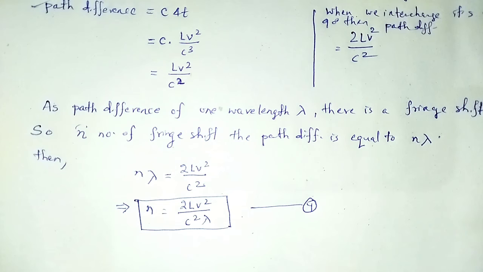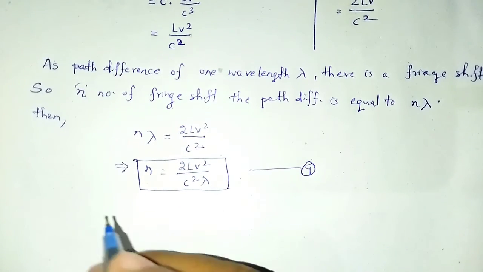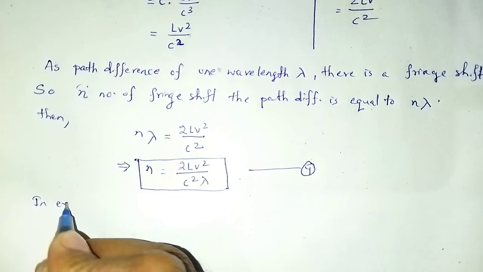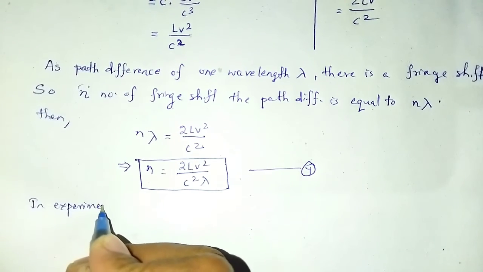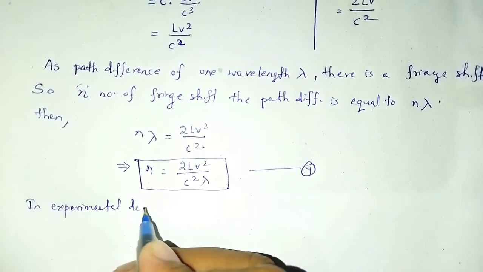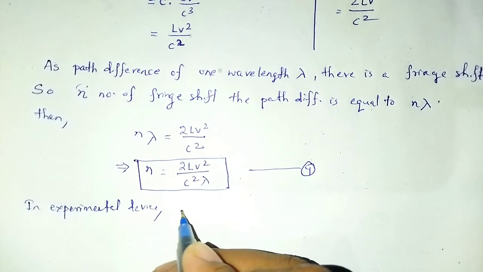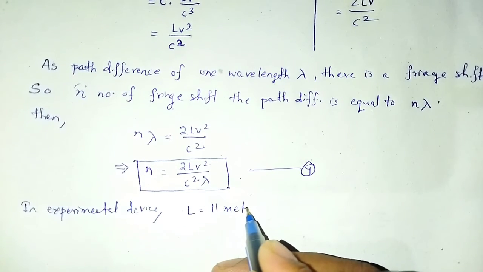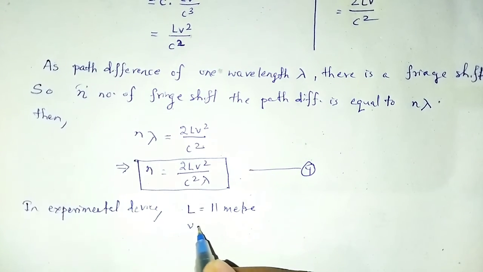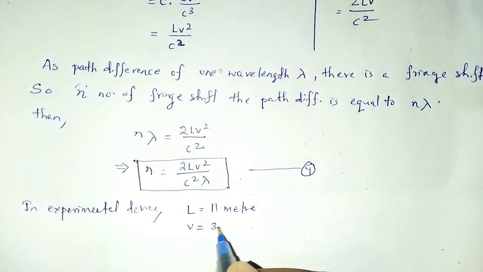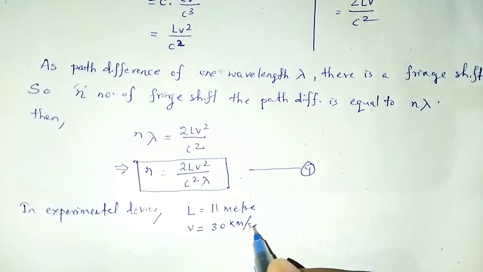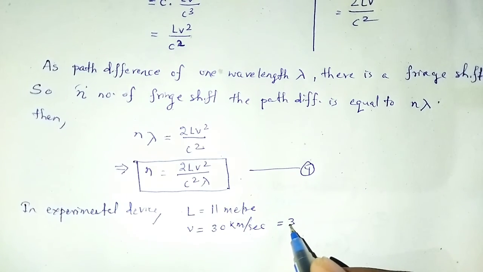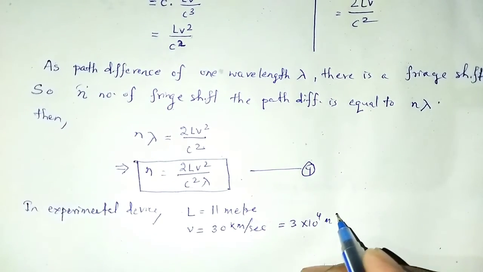Now we perform the experiment which is known as the Michelson-Morley experiment. We introduce the values in the experimental device. The value of L is equal to 11 meter. The velocity of earth is 30 kilometer per second, which is equal to 3 into 10 to the power 4 meter per second.